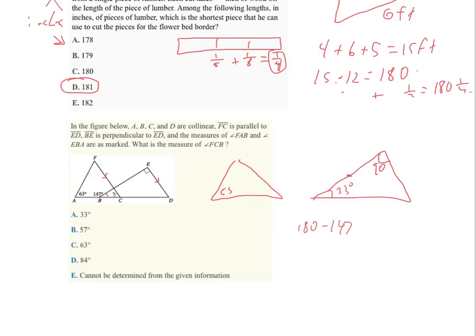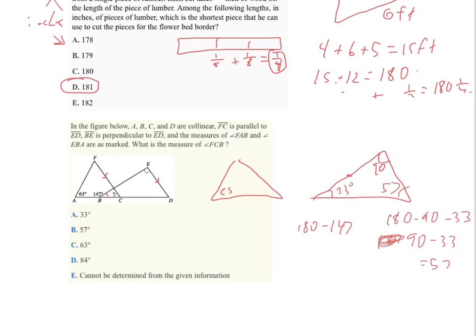And that would allow us to find the third angle over here, because they have to add up to 180. So it's kind of like if you take 180 minus the 90 and minus the 33, that gives us 90 minus 33, which is 57 degrees. That would give you this angle.